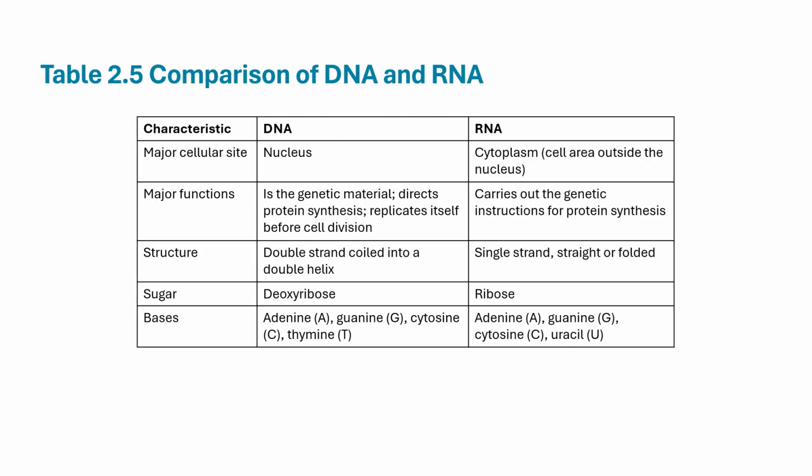RNA is single-stranded, straight or folded. The sugar in DNA is deoxyribose, and the sugar in RNA is ribose. So that's why we get RNA ribose and DNA deoxyribose. The bases that form the rungs inside that ladder are adenine, guanine, cytosine, and thymine for DNA. And in RNA, you have adenine, guanine, cytosine, and uracil.